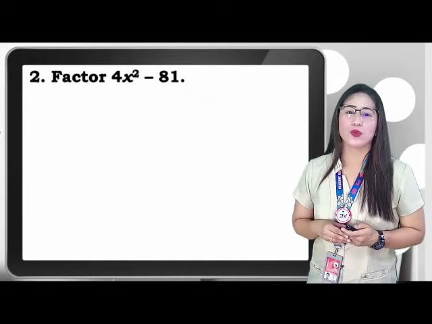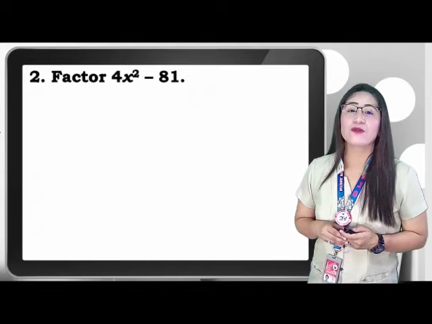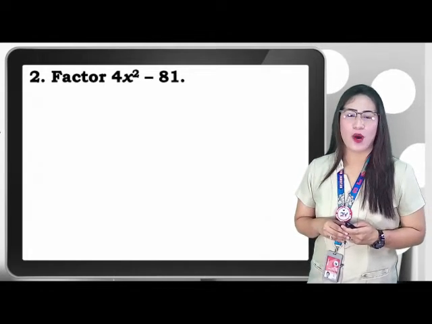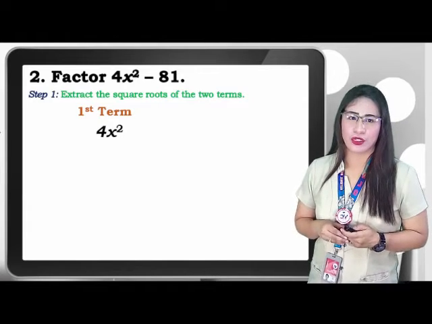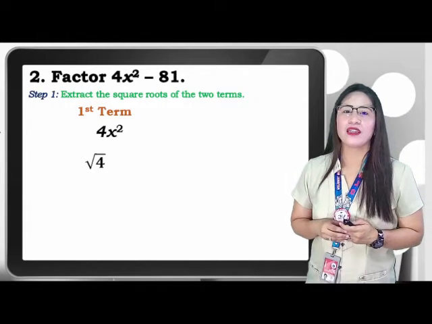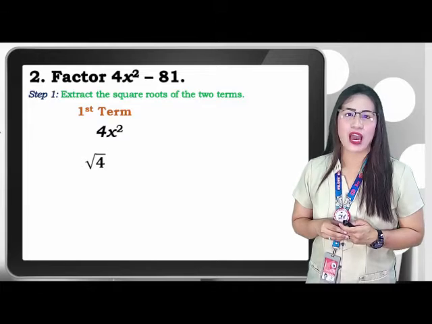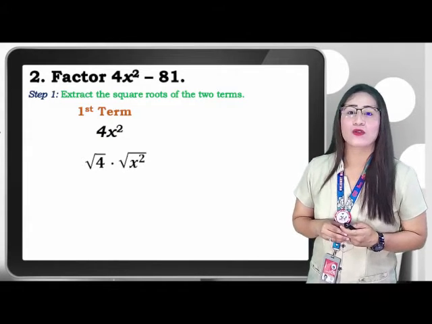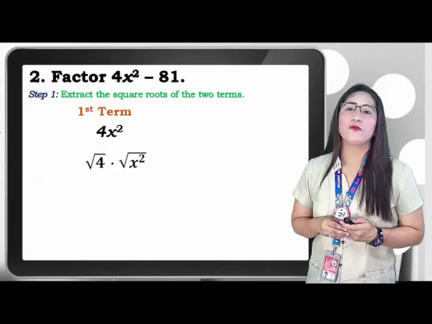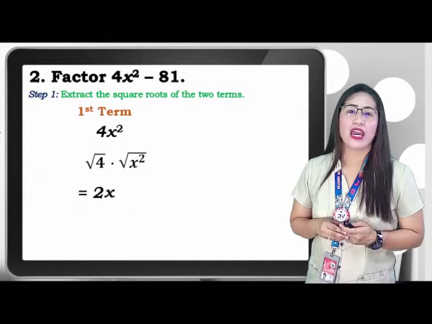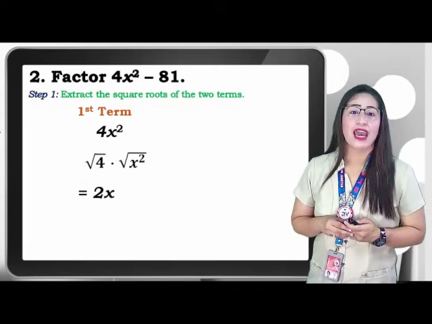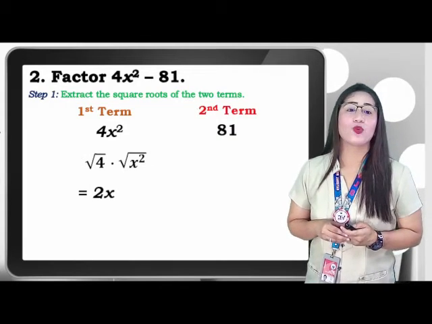Example number 2. Factor 4x squared minus 81. Step 1. First term is 4x squared. To extract, it can be written as square root of 4 times square root of x squared. Square root of 4 is 2. Then, square root of x squared is x. So, we will have 2x.